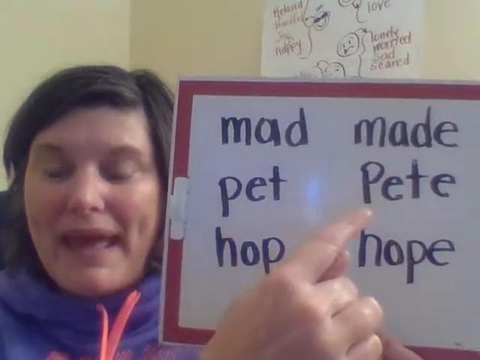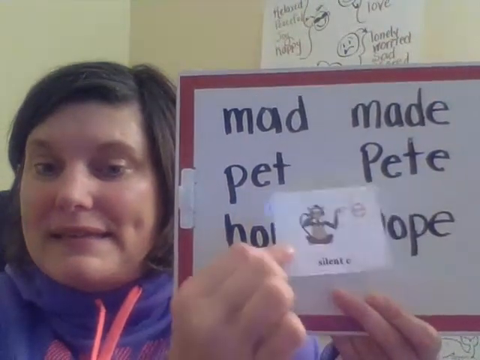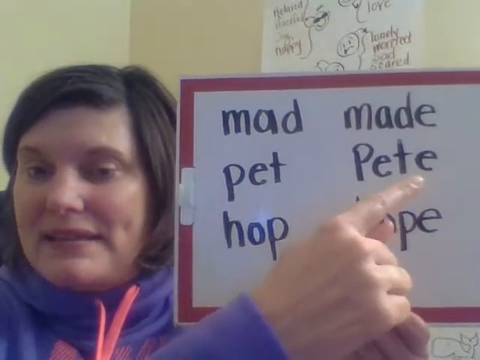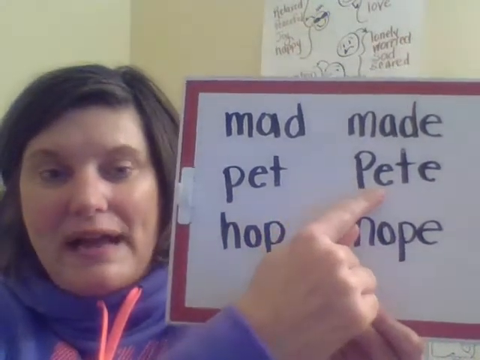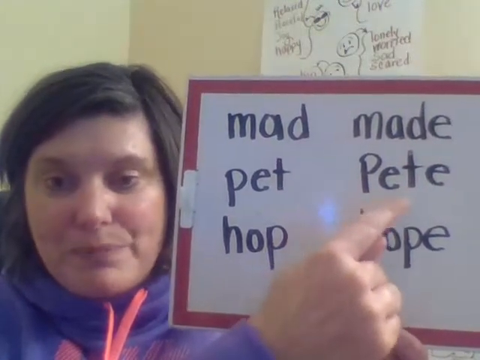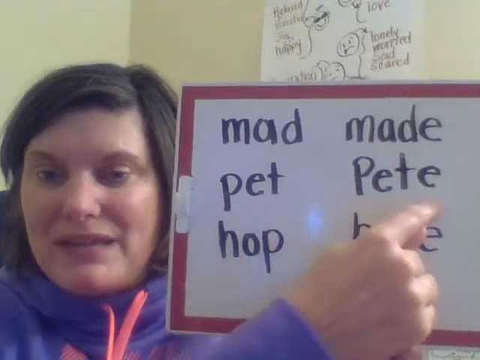Instead of this being pet, now that we have the silent E syllable type, the E at the end is silent, and it helps the first vowel say its long vowel sound. And that for E is the E sound. So instead of being pet, it's now Pete.